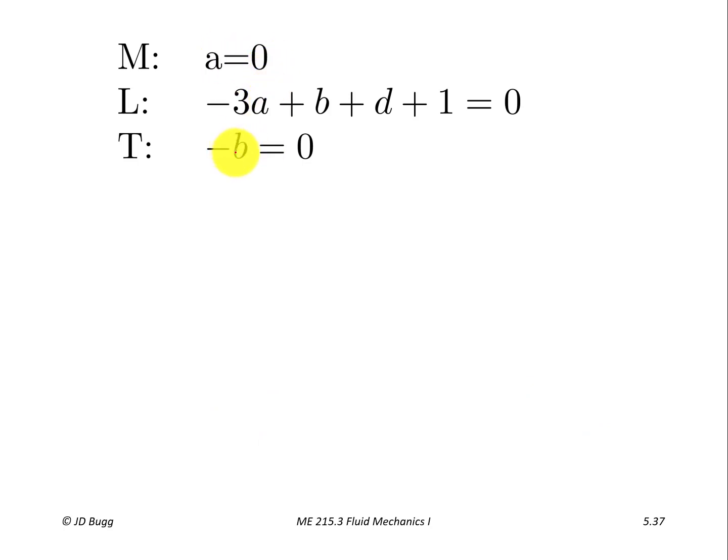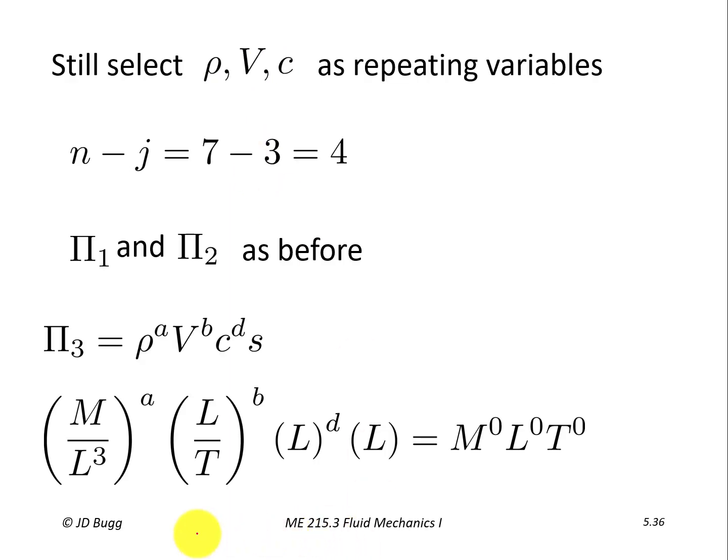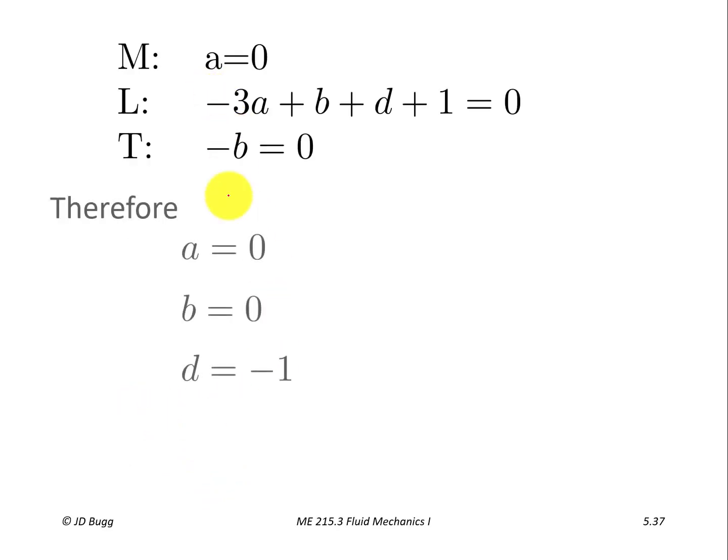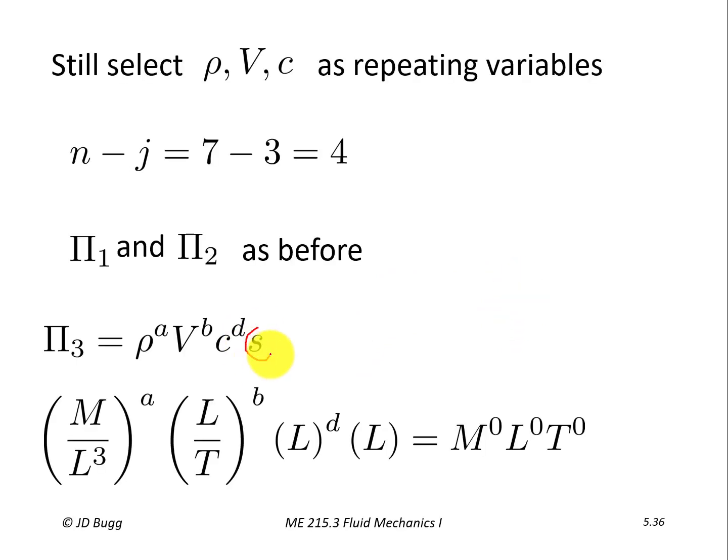Actually, the same thing happens to b. If we look at this, velocity is the only place that time occurs. So a and b are both 0, and our d is -1. So we get our dimensionless group is just s over c. Notice that this parameter that we've added has dimensions of length, and one of our repeating variables also has dimensions of length.